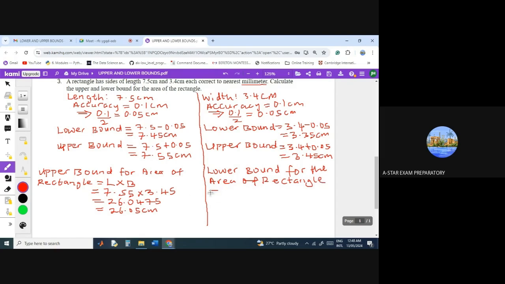Okay, so this gives us the length times the breadth. So we take the lower bound length, which is 7.45 times the lower bound for the width, which is 3.35.